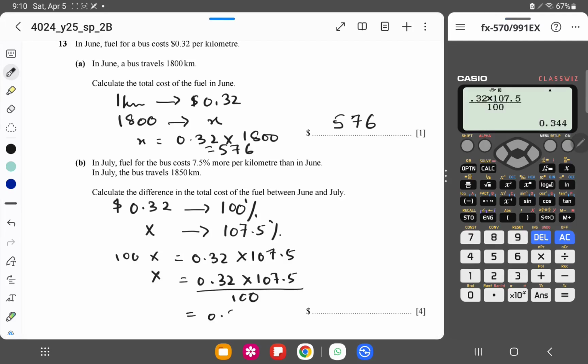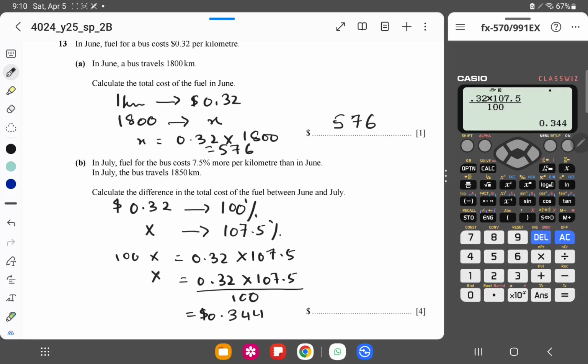So the cost in July is $0.344 per kilometer. This much increase. For finding out the difference, we are going to find out how much it goes for 1850 kilometers.